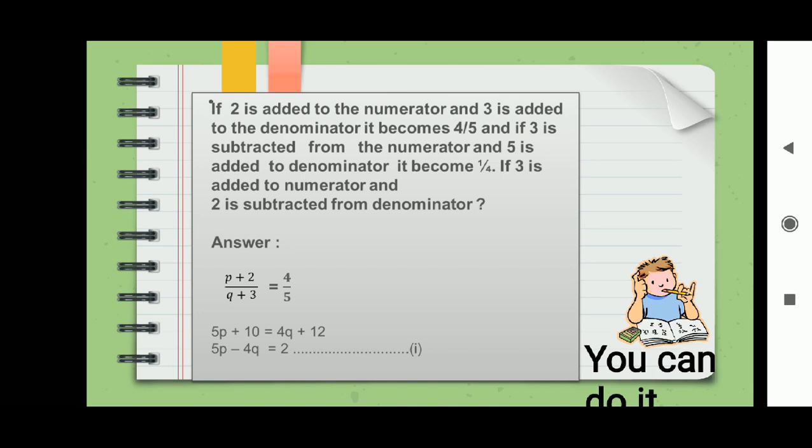Answer. (P plus 2) over (Q plus 3) is 4 over 5. So 5P plus 10 is 4Q plus 12. 5P minus 4Q is 2. Stated equation 1.